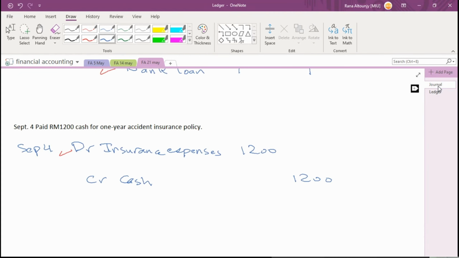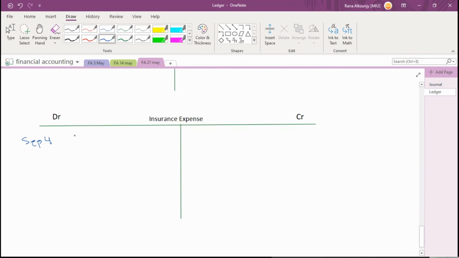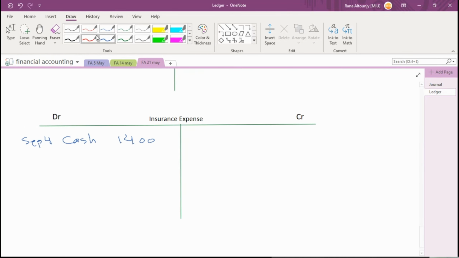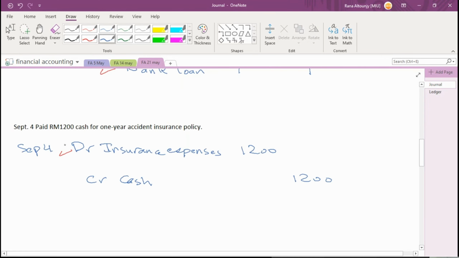The other side of the transaction is the cash. So we put September 4, cash, and we put the amount 1,400. Sorry, it is 1,200. So like this, we write this side of the transaction.